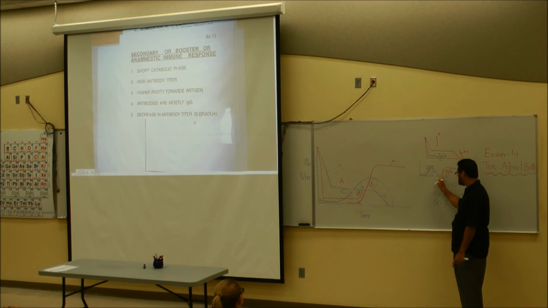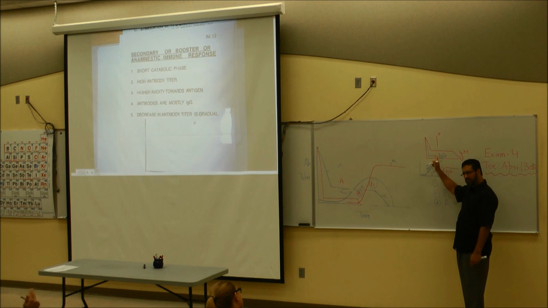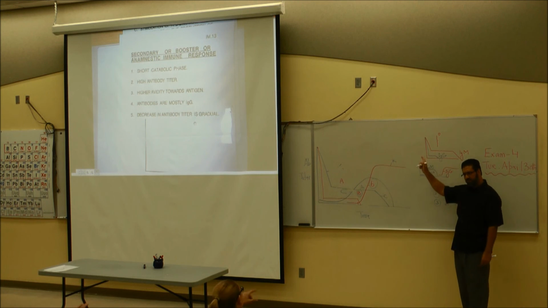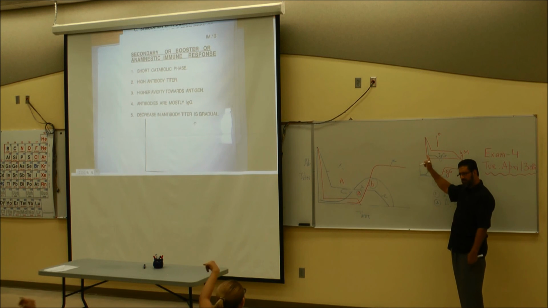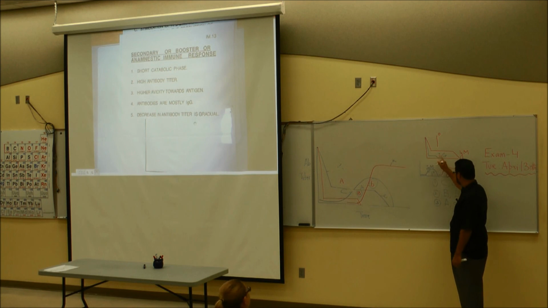In the first diagram, the IgG should not be before this one, because first we will have exposure, then the secondary. The catabolic phase is short, but it's happening before the primary, so it looks like the secondary is a reaction to something else.